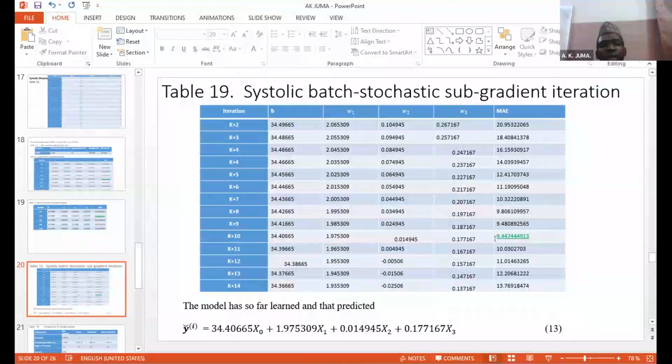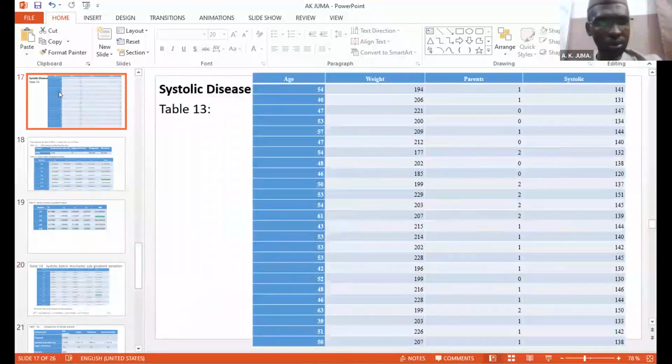So we say the model so far has learned, and the coefficients of the parameters are 34.40 and so on, where x0 is the age, x1 is the weight, and x2 is the parental history of the said disease.